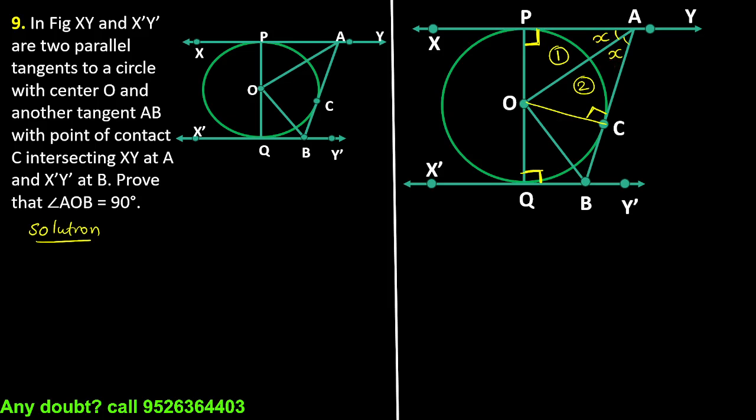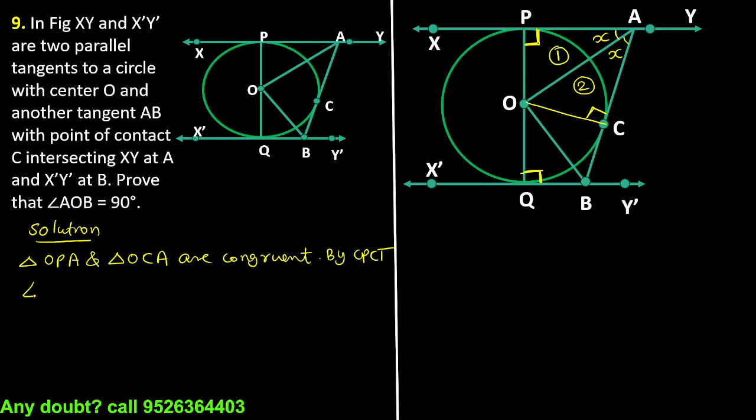Then in the next step, let us write that triangle. Which triangle? Triangle OPA and triangle OCA are congruent. So by CPCT, the angles will be equal.